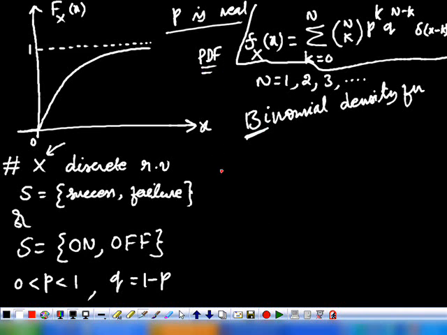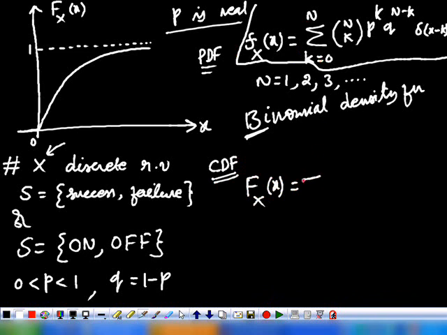So if the PDF is known, can we find the CDF? Just integrate it. Take the integration on both sides. So the integral of fx of X is the CDF. Here also we are taking the integral. You can change the order of integration and summation.